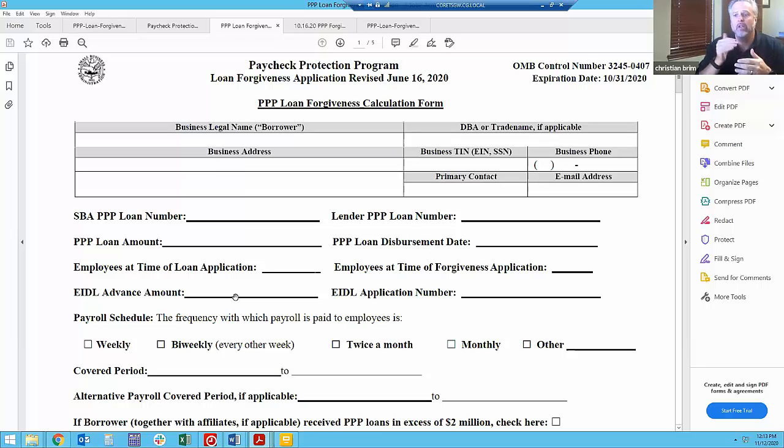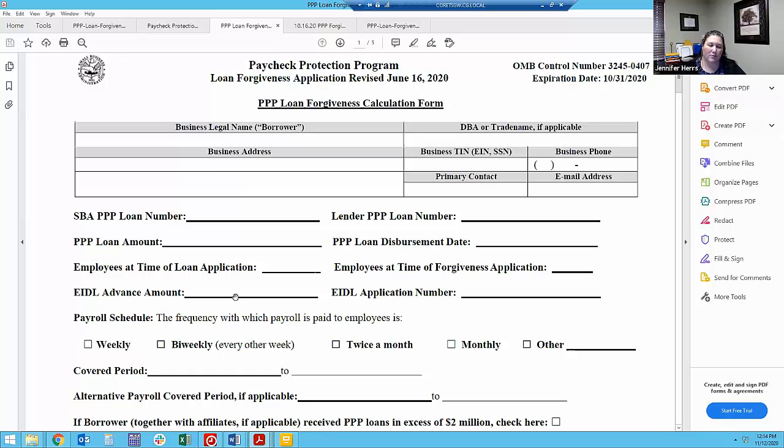But again, you only have an EIDL advance amount if you didn't end up taking the EIDL loan. The SBA has said that the banks are responsible for collecting that. So if you did do an EIDL advance and didn't get the loan, the SBA is going to forgive all but $10,000 of that to the lender, and then you're going to have to turn around and write a check to the bank for the $10,000.